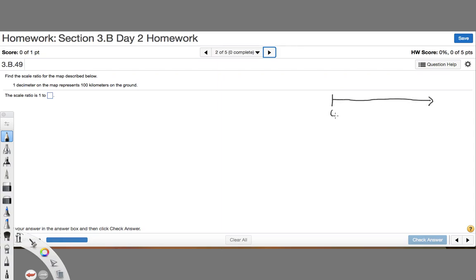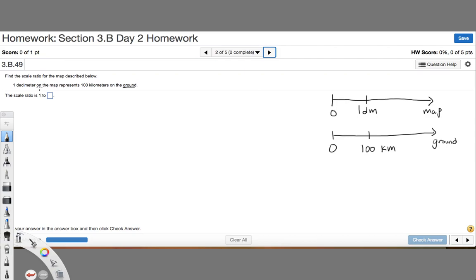So, what's going on here is we have the map scale here, and then in this context we're calling the other scale ground distances. So 0 distance on the map corresponds to 0 distance on the ground, and we know that 1 decimeter on the map corresponds to 100 kilometers on the ground.